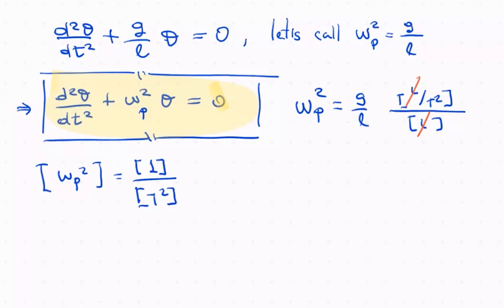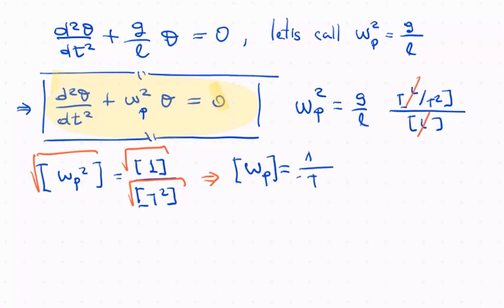Okay, if we take the square root on both sides, we do something like this, okay? Then the dimension analysis is going to show us that the angular frequency of the pendulum is going to have dimensions of 1 dividing time, okay?